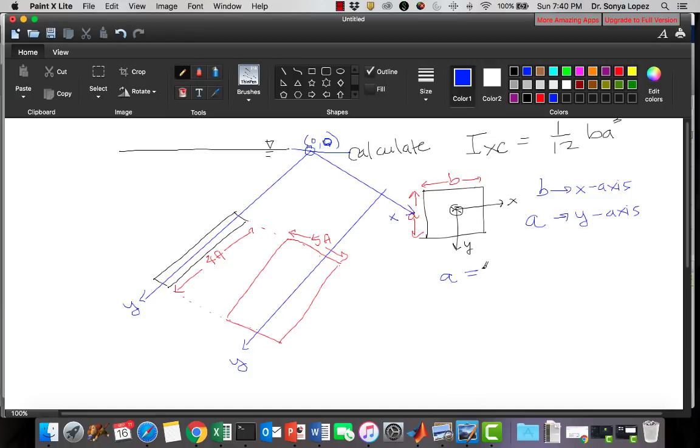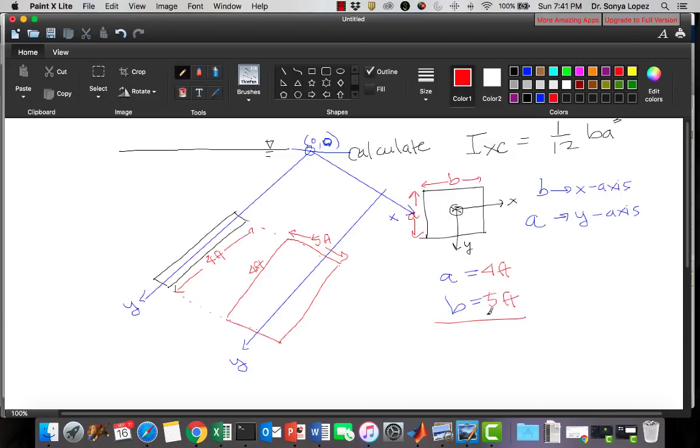A is equal to the distance along the y-axis, which is still 4 feet, right? So A is equal to 4 feet. B is going to be the distance along the x-axis, which is into the board. B is going to equal 5 feet.